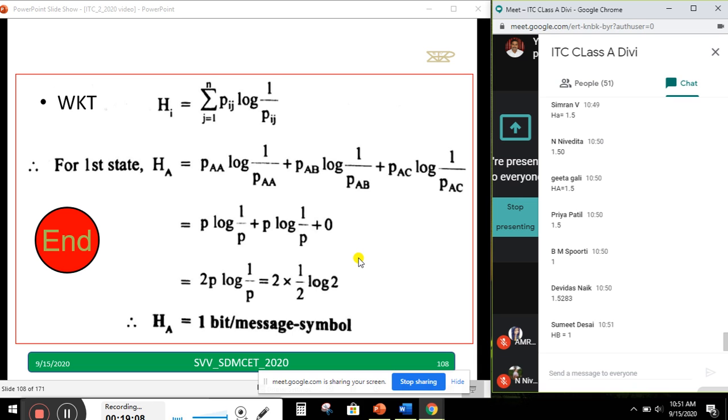HB equal to 1, Sumit Desai is typing, very good. I am happy because you are giving the answer. Right or wrong, we will see it later. Jannavi, Nivedita, Pragati, Ajna, Spurti, Suhasini, Rohit, Shivani, Shilpa, Nayak, Preeti, Prajakta, Amrita, Vidya, Bharat, Varsha, Geeta, Jaya, Jayasurya, Shruti, Rohan, all are getting 1, then it should be correct.